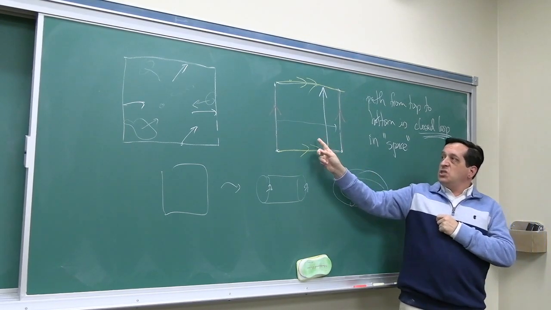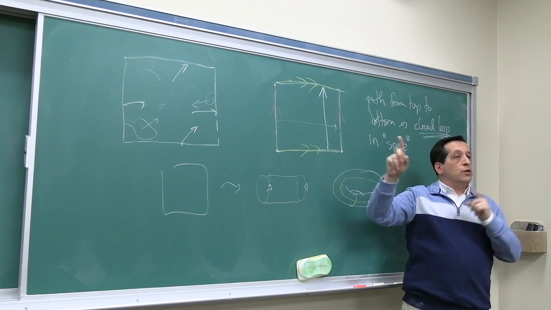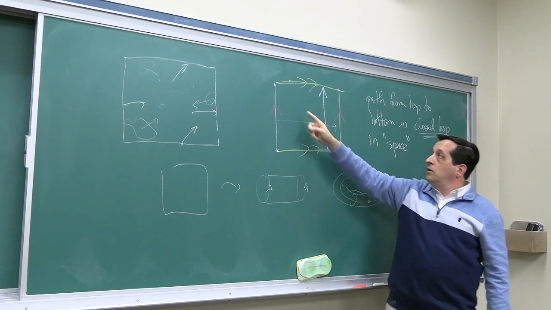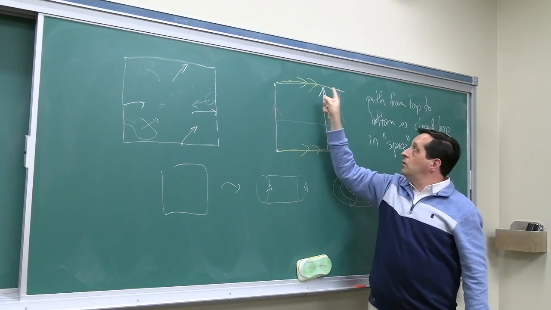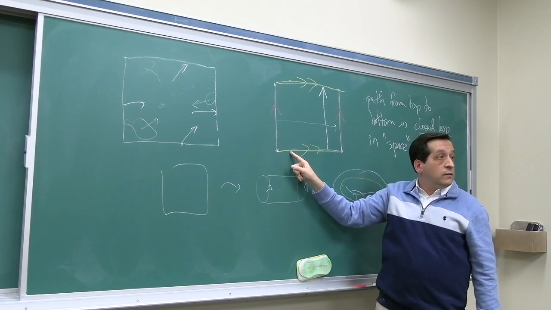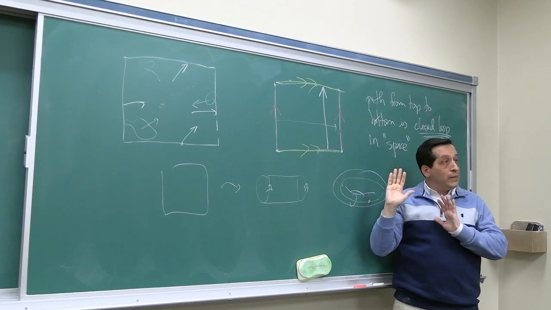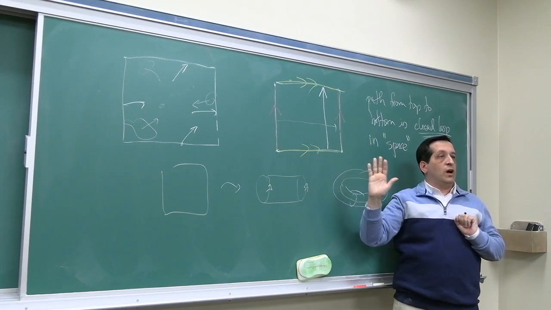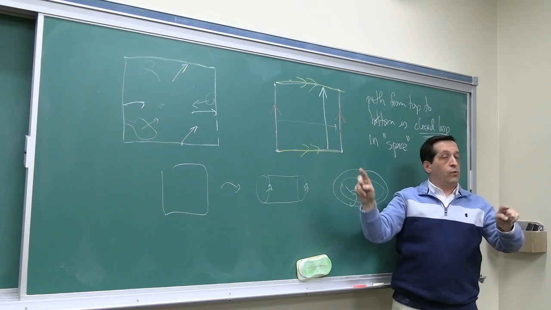Now, how is this picture different from the case of the ball? In the ball, we identified opposite points. Here, the antipodal point relative to the center, like this would be this, right? This would correspond to that, right? So this boundary identification, the geometry of it is completely different from the case of the ball that described SO3, right? In the ball case, we're identifying pairs of opposite points.